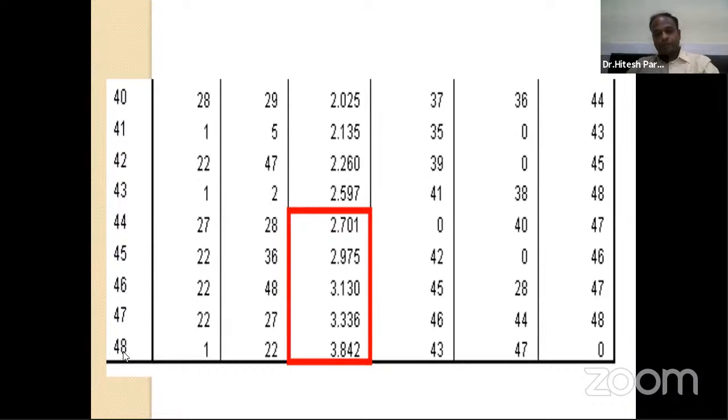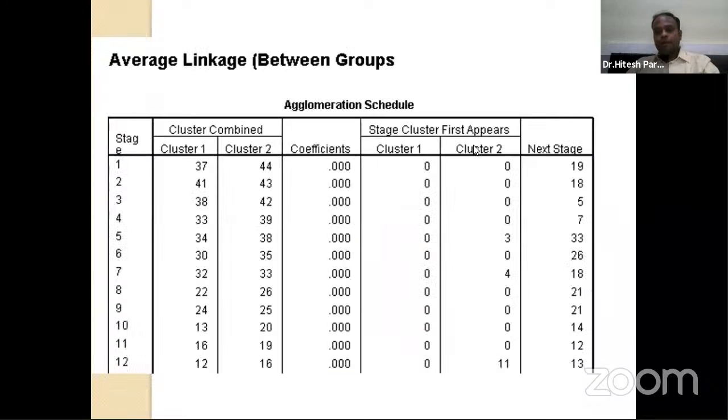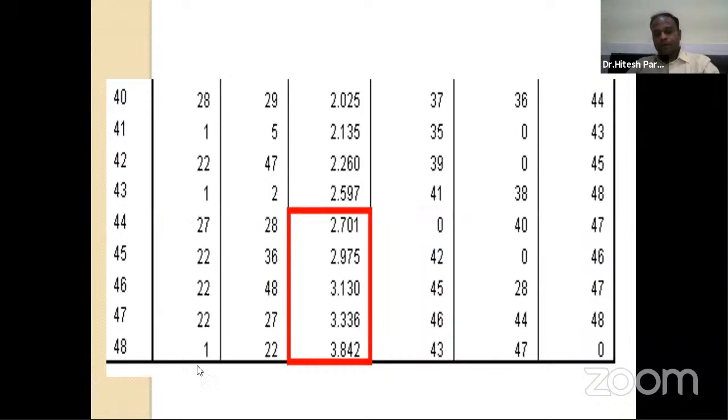This 48th one in the last step is the one cluster solution, if you remember. And the initial one, at stage number 1, is the 48 cluster solution. So from 48 cluster solution to 1 cluster solution, this table is being prepared.